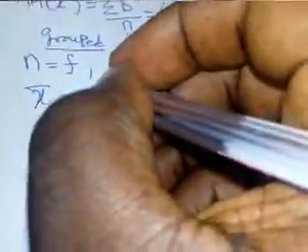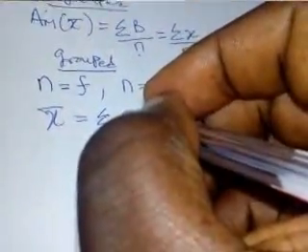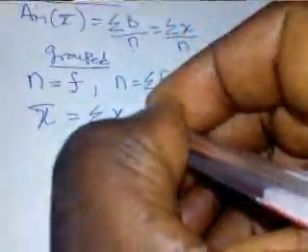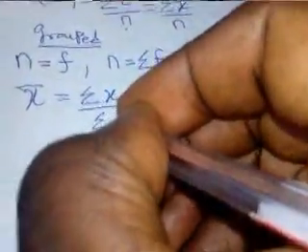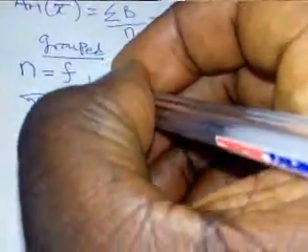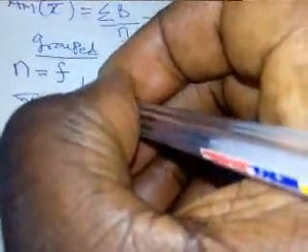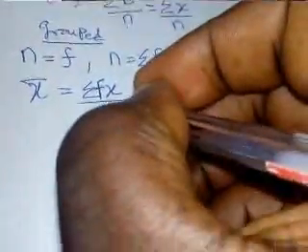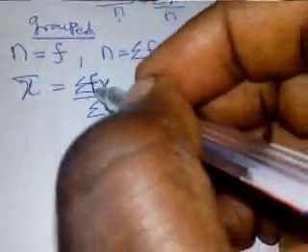So if we want to get the arithmetic mean of a group data, I will say arithmetic mean equals summation fx over summation f.